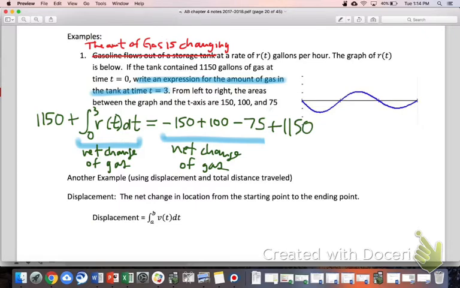I just wanted to clear that up. Does that make sense? We're basically saying the initial amount plus the change in amount is equal to the final amount. So this whole thing over here would be the final amount. If you take what you started with and you add the change, then you get the final amount.